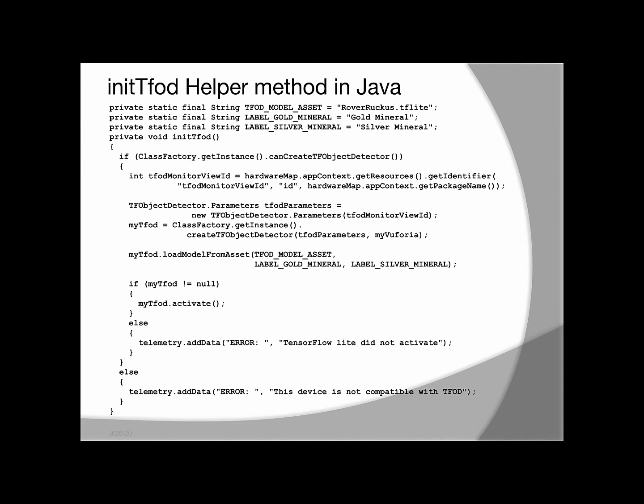There's a similar initialization for the Tensorflow object detector right over here. Here is its body, and it also has some error checks in it, and these are important. This one checks to see whether the Tensorflow object detector has been created appropriately, and if it hasn't, it is going to again print an error message, but if it has, it can go ahead and activate it.